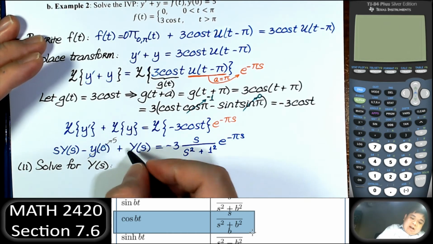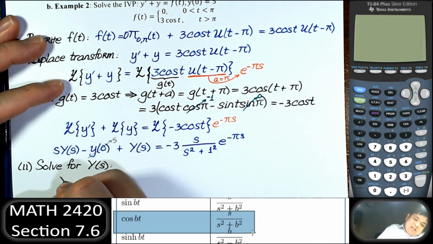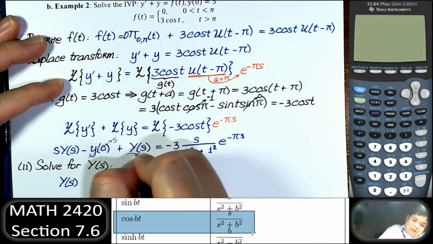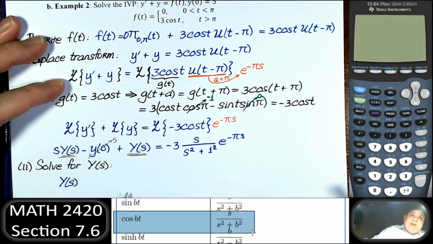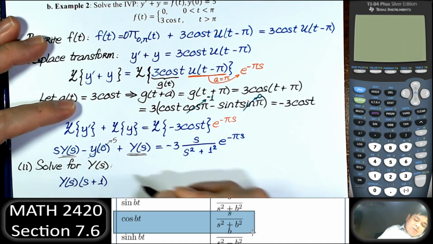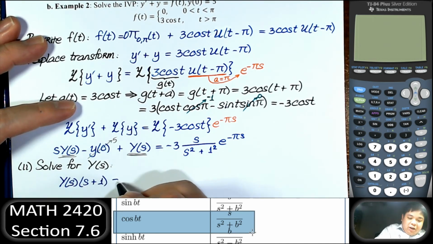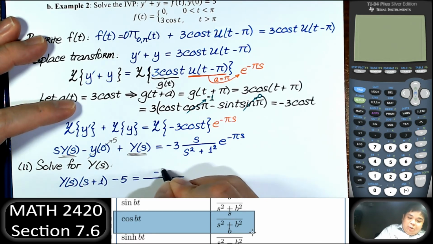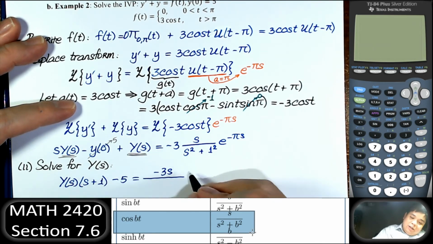We factor out Y of s, and we have s plus 1 times Y of s minus 5 equal to negative 3s over s squared plus 1 times e to negative pi s.